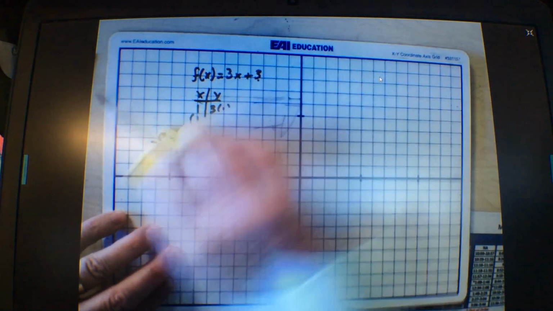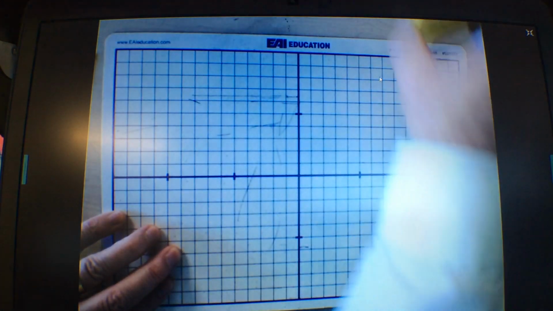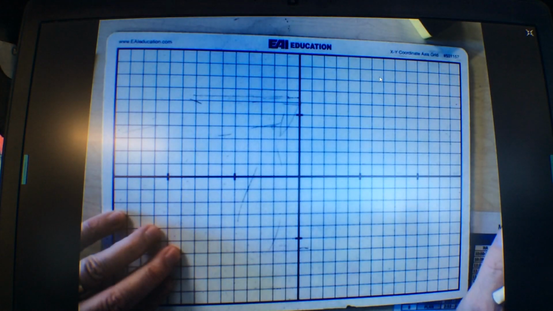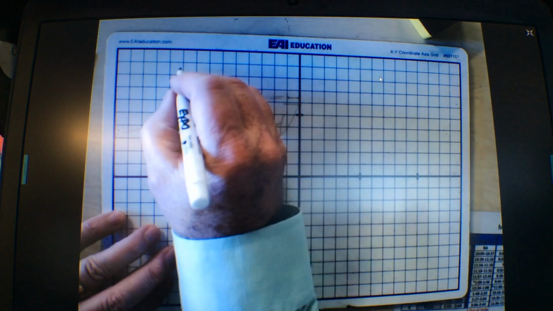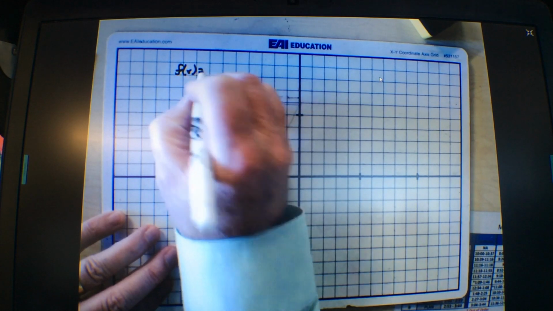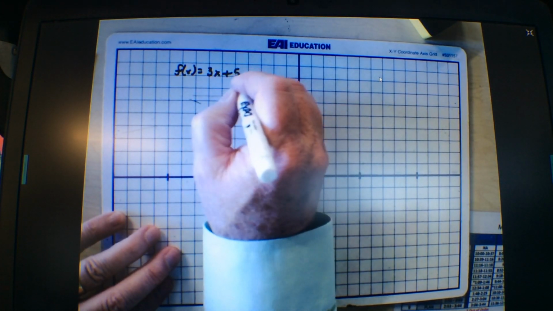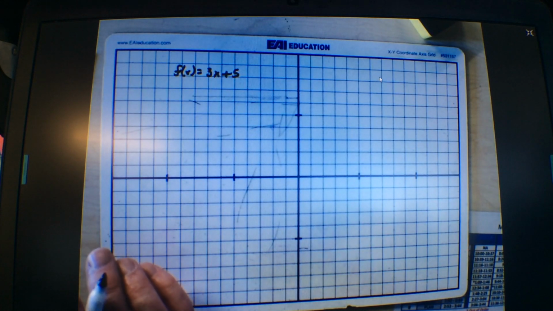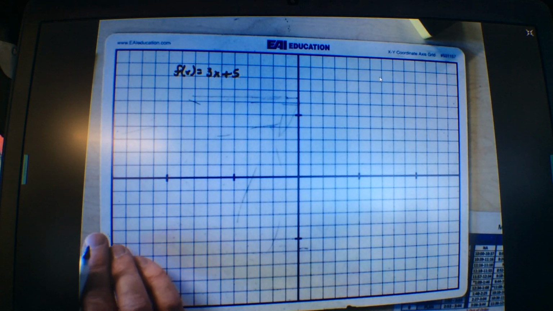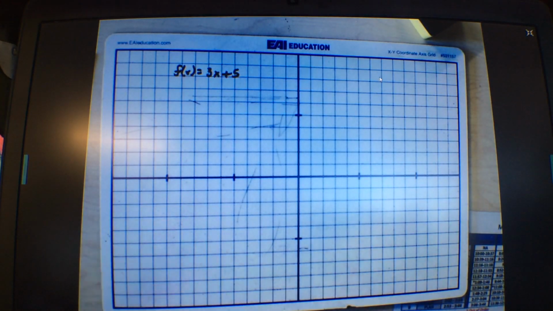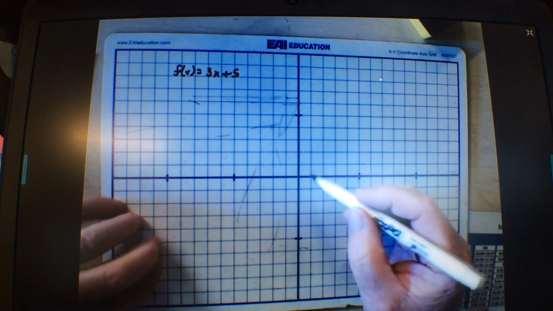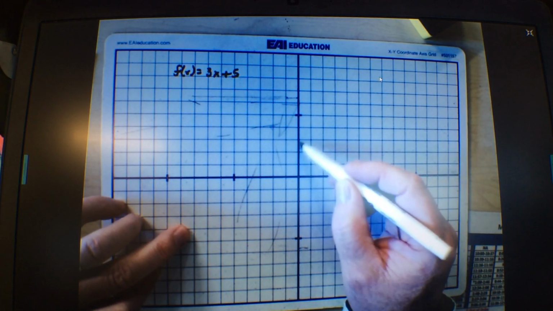Let's erase. f of x equals 3x plus 5. All right. Let's go ahead and try to solve it graphically, right? So we go up 5, 1, 2, 3, 4, 5.